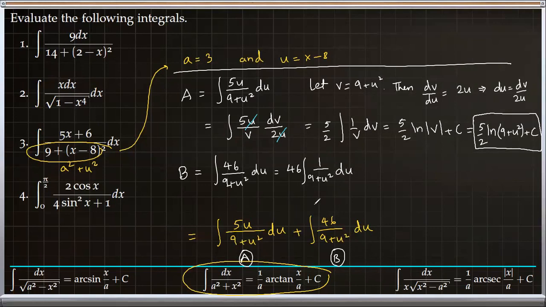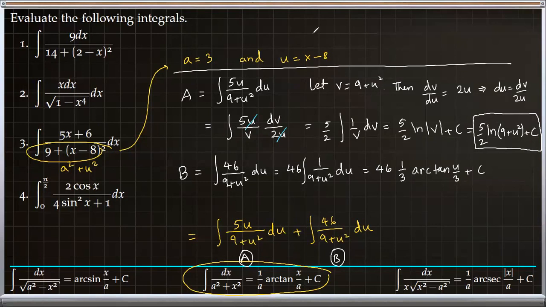So with a equals 3, we get this integral to be 46 times 1 over 3 arc tangent u over 3 plus constant. So we got a and b. Now we just need to put them together because it's a plus b.